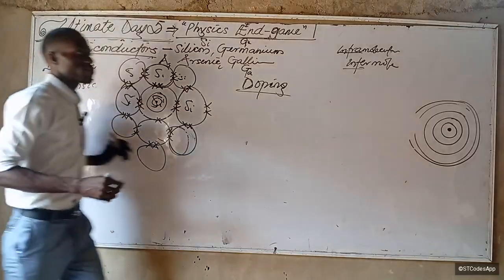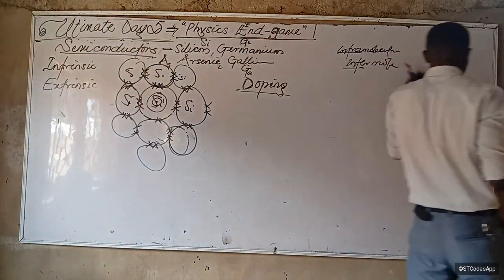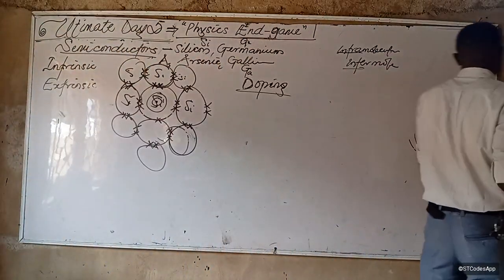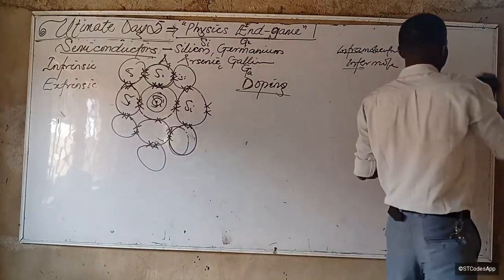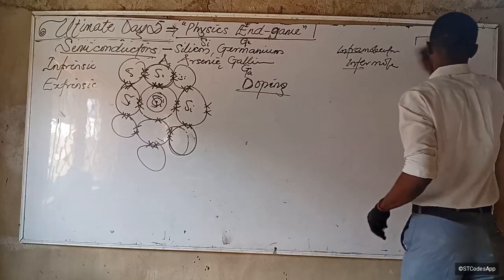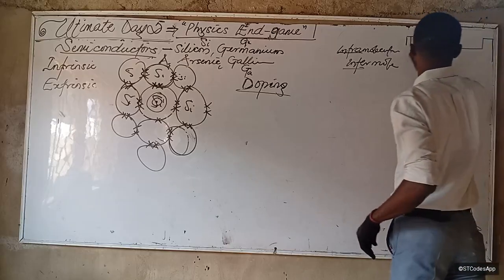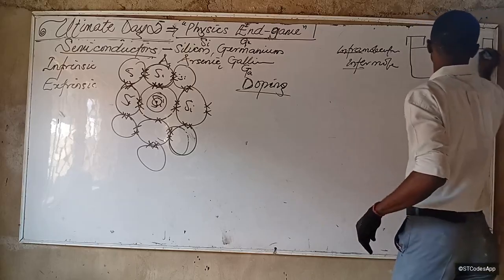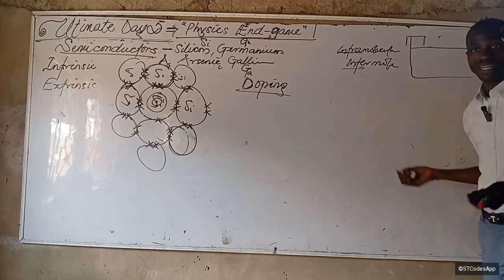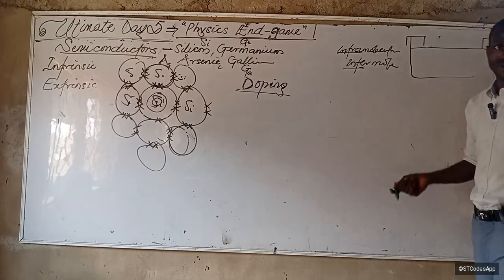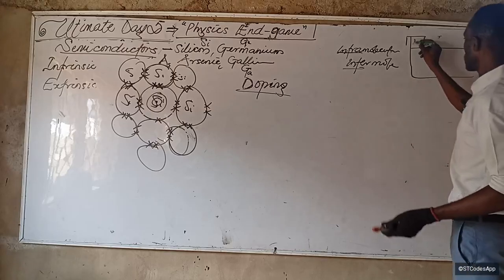Let me draw the first 20 elements so that you understand what I'm trying to do. Don't think I'm inventing it. It's nothing hard. We have the first 20 elements like this. Even the first day I taught you, I still drew it, right? So you learn it, you don't cram it. So hydrogen is what?